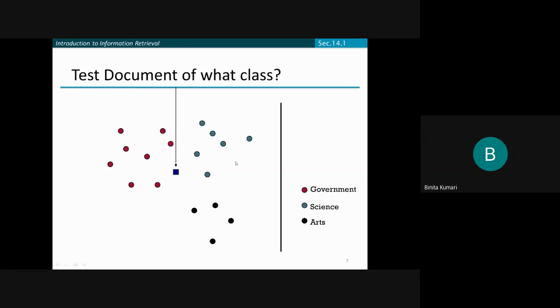So now suppose we have a test document. Okay, so this test document is there. It has been represented in the vector space. We need to find out which class this test document belongs to. I have to identify the class. So here we can see that it is very close to the class of government.